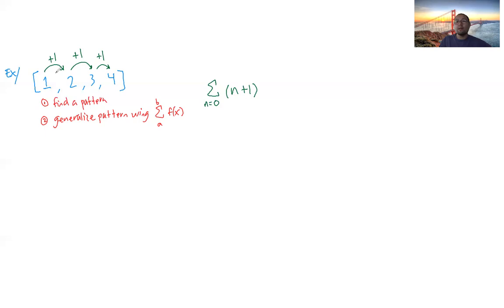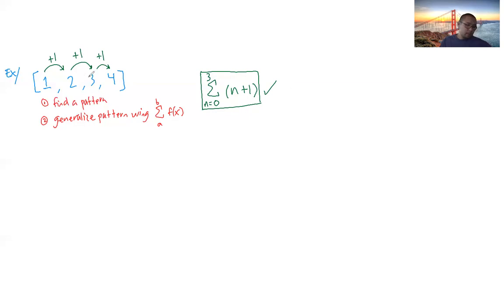And you know that this interval has to end at 3, because 3 plus 1 gives you the last number in this collection. So this is going to be your generalized sigma notation for this collection of numbers.